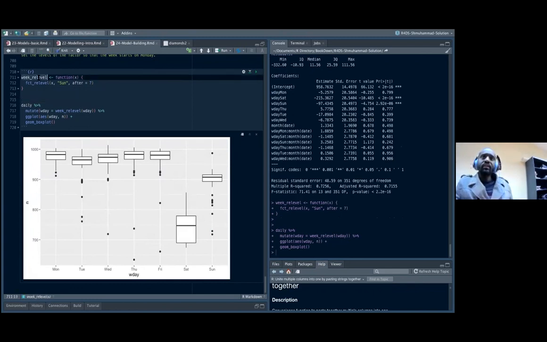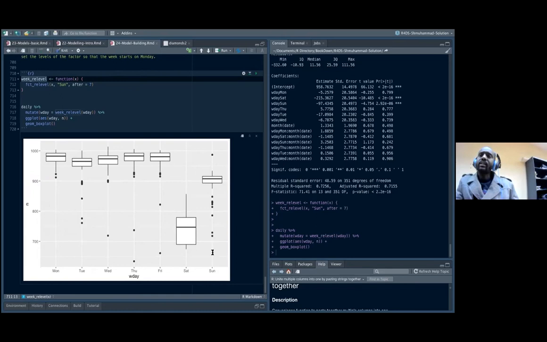So given the weeks, it takes the Sunday and puts it after 7. So this is just a basic simple function that rearranges our data. And now we have our plots.